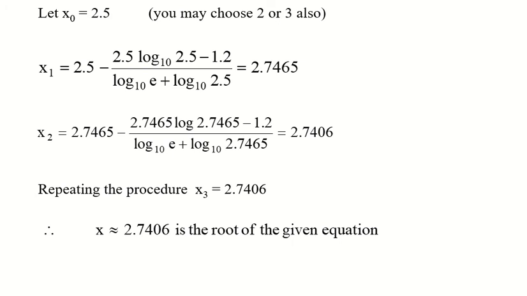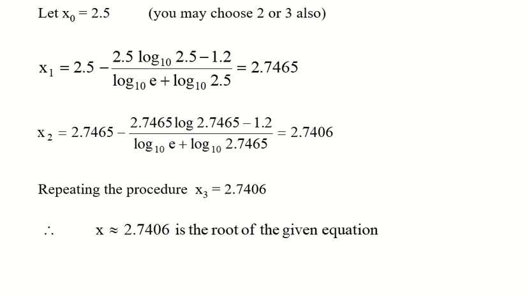Like in the Regula Falsi method, you need not check whether f of x1 is greater than 0 or less than 0. You go to the next one, x2. x2 will be x1 minus f of x1 by f dash of x1. You will get it as 2.7406. Calculate x3.